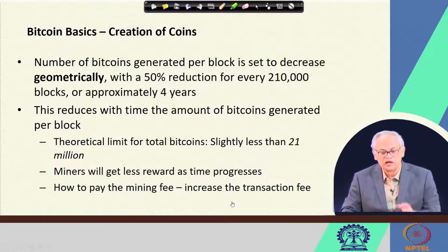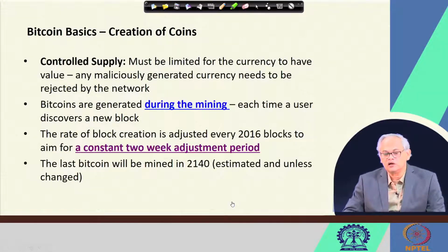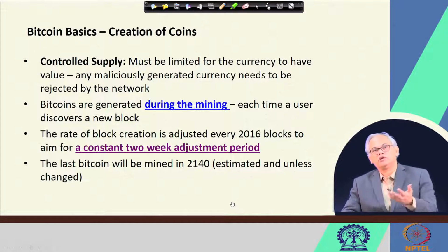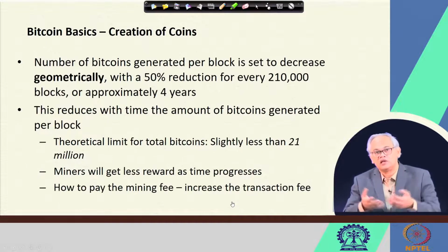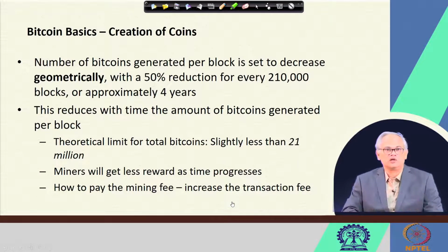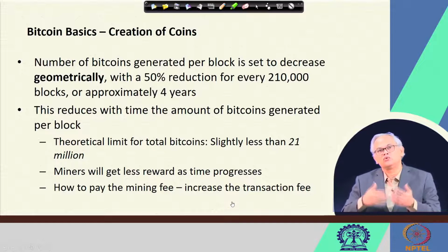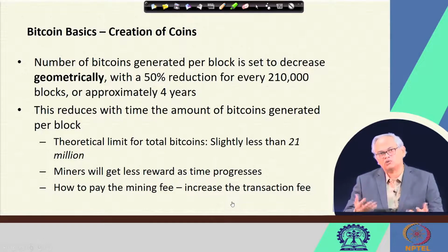As we said, finally in the year around 2140 we will end up having the last bitcoin mined. These new bitcoins are getting generated only in the form of block rewards, and after that it will be only the existing bitcoins which are getting circulated through the transaction costs committed by the users.